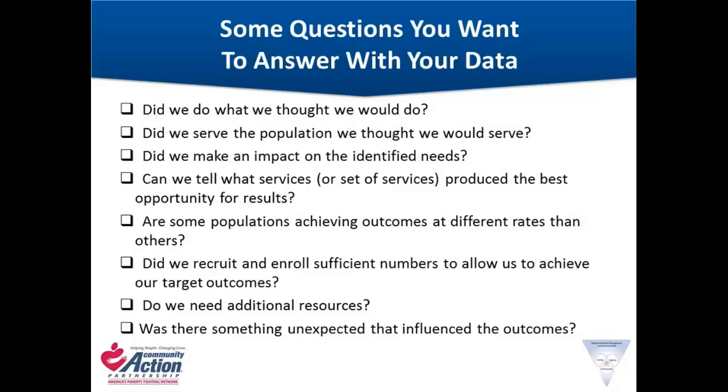And the last one is a question: did something unexpected happen that influenced the outcome? So as we look at the data and figure out what happened, why was it different from what we thought? Was there something unexpected that happened?